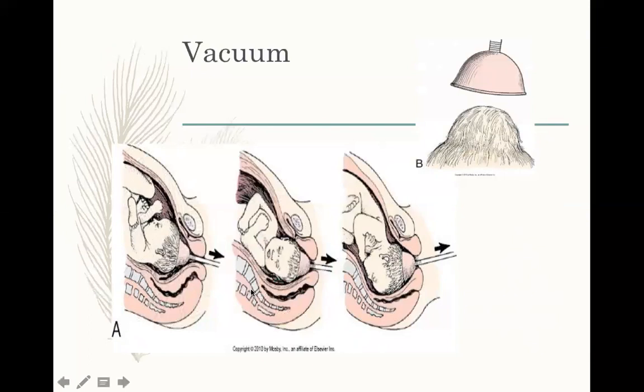So sometimes it's just a positioning thing that the physician is able to assist significantly with the vacuum and the forceps. Mom has an increased risk for a significant laceration, hematomas, urinary retention, and the baby's at risk for hematoma and scalp lacerations as well.